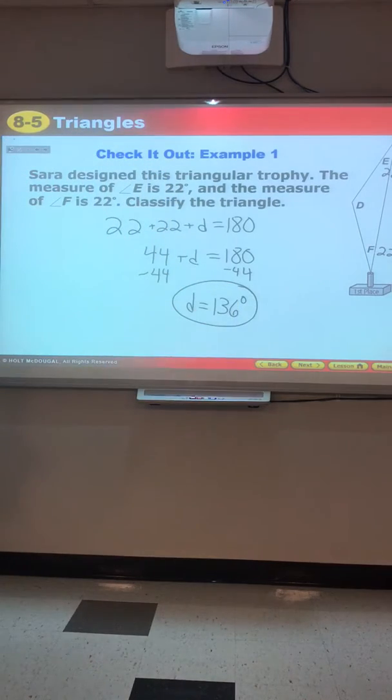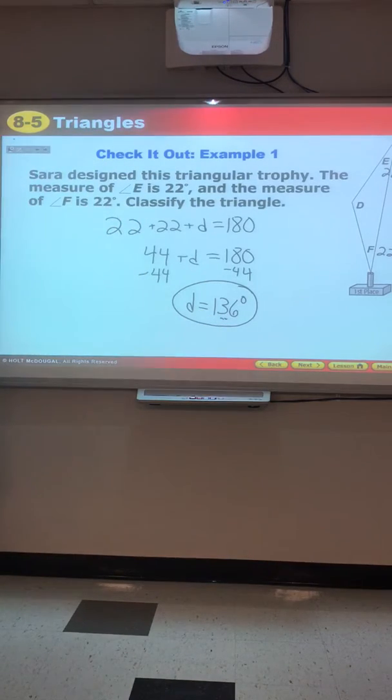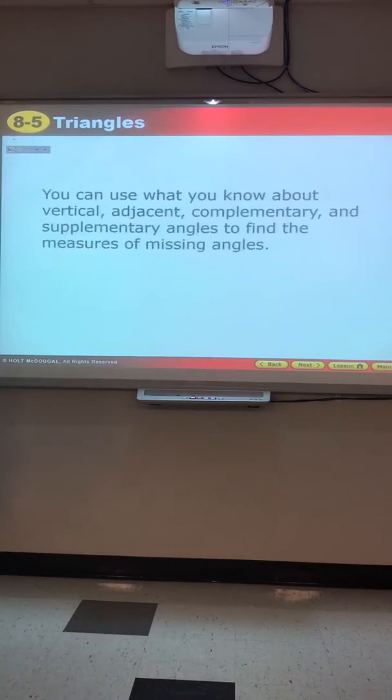All right, I hope I did my math right. That would be 50. Yes, I think I did. Now, the other question I have to ask you is, what kind of triangle is this? Acute, obtuse, right. Obtuse. And we'll see their math. My math checked out. All right, we're good to go.